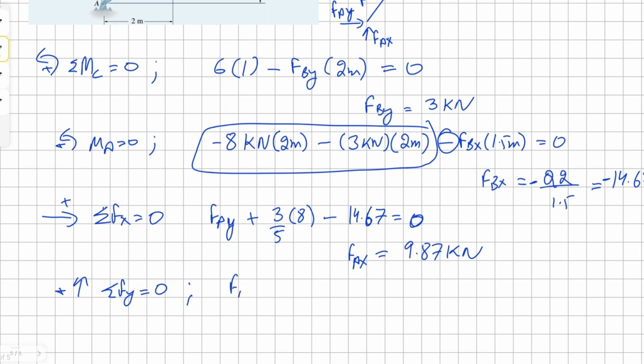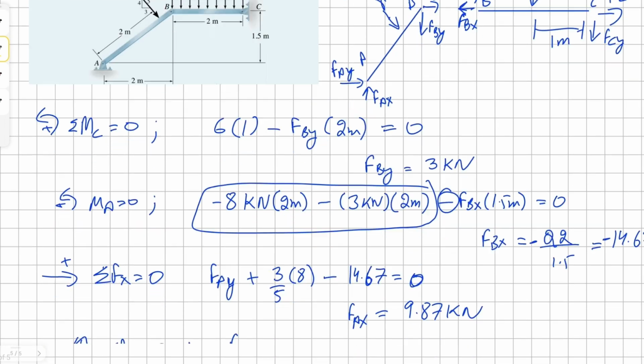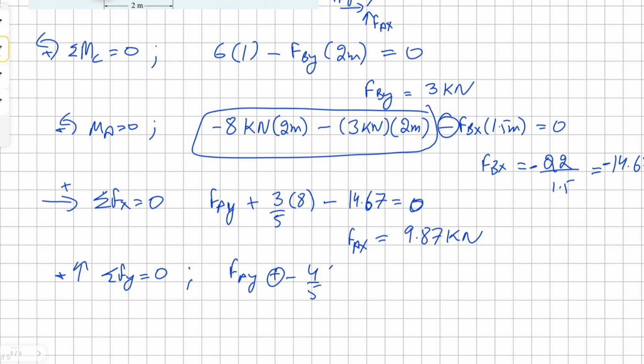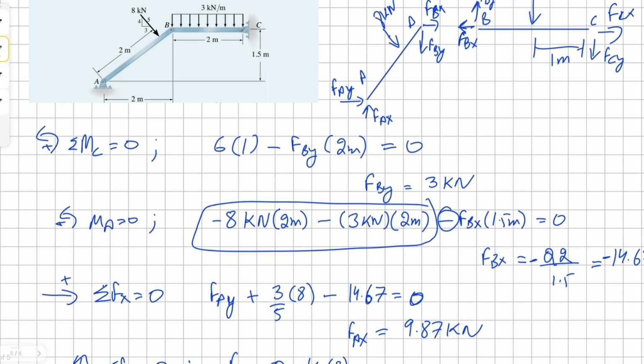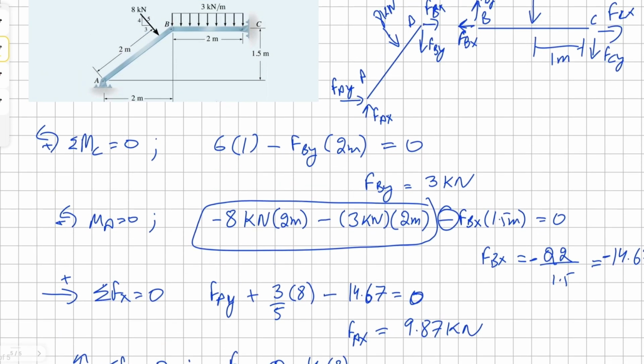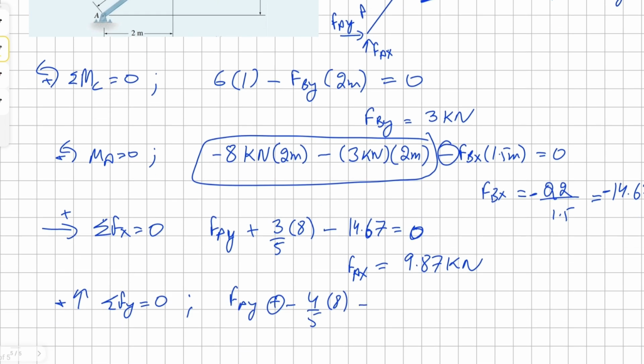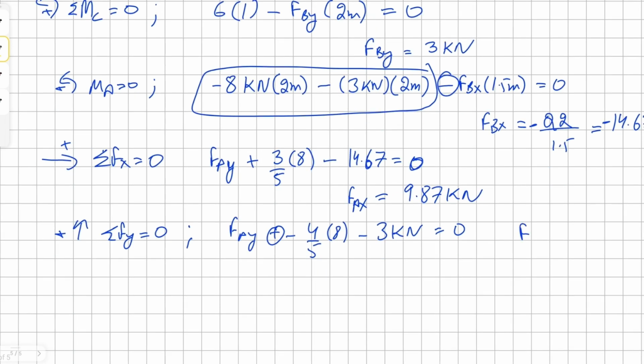So we have Fay, we have negative 4 over 5 times 8 for the point load, and then we have found our value for Fpy, and we have a negative, so it's going down, so negative, and then we have 3 kilonewtons, so the sum is 0. In solving for Fay, we get 4 times 8 divided by 5 plus 3, which comes up to 9.4 kilonewton positive.